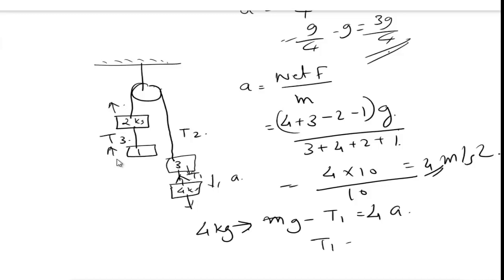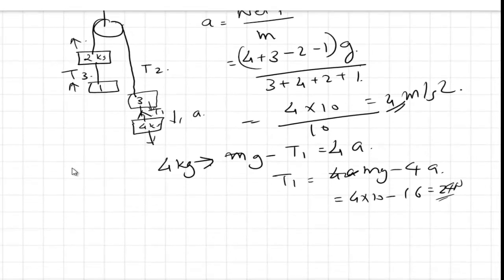Therefore, T1 equals mg minus 4a. m is given as 4 into 10 minus 4 fours are 16. So the answer will be 24 Newton. Okay, 24 Newton we will be getting here.